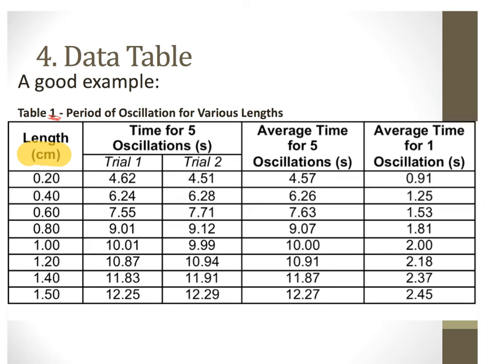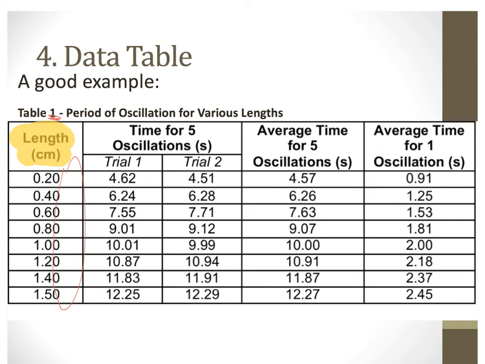And in the video on Excel of how to make a table, I talk about this, but typically we'll have the header name followed by the units in parentheses. You notice I don't then have any units after the numbers, and that's fine because I have them in the header, so it's okay. I've bolded these headers to make it a little bit clearer.